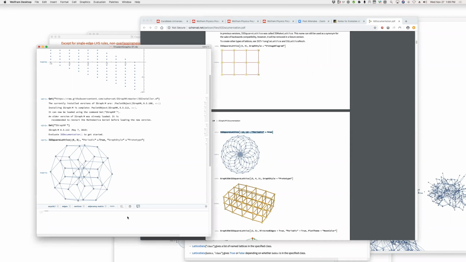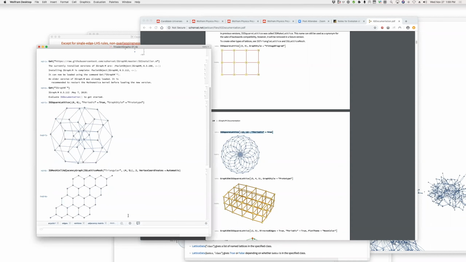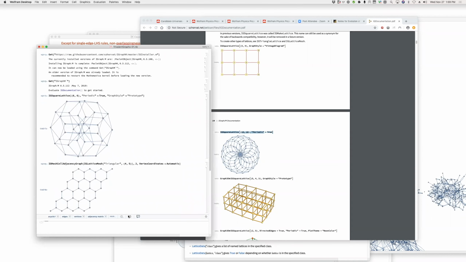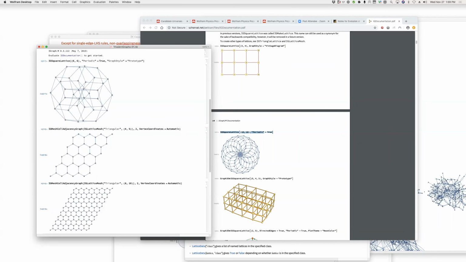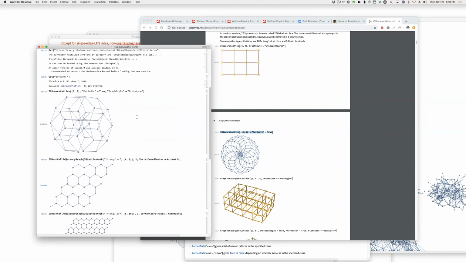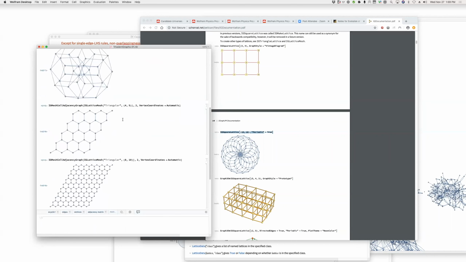Okay, let me run this. Oh, beautiful. Now what about the periodic case? Well, that I'm not sure how to do. How did you make the other one periodic? I said periodic arrow true, I don't think so.